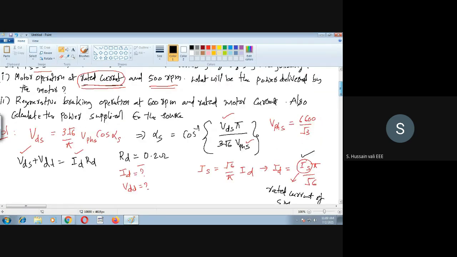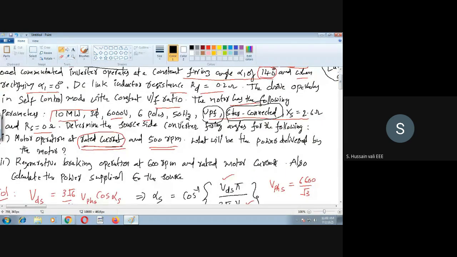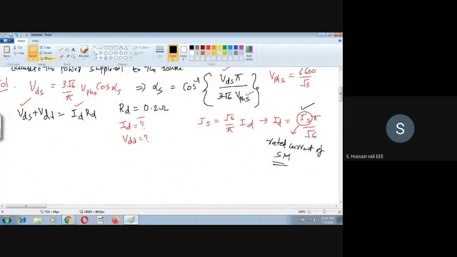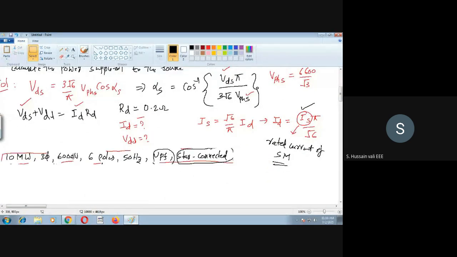How can I find out the rated current of synchronous motor? It can be found out by knowing the rated values of the synchronous motor. Yeah, that is the only logic left now. So then we will copy these rated values. So we have got a clue here that we need rated values to understand this.